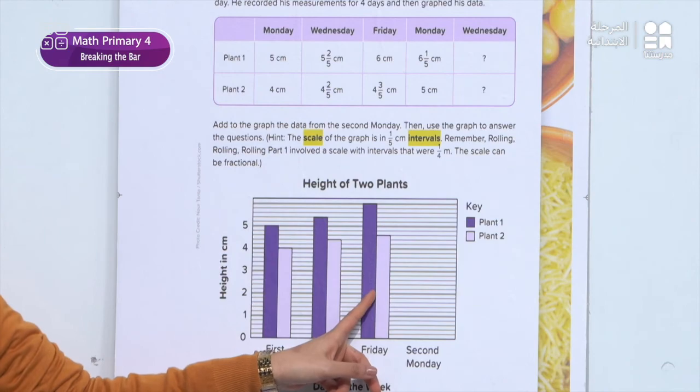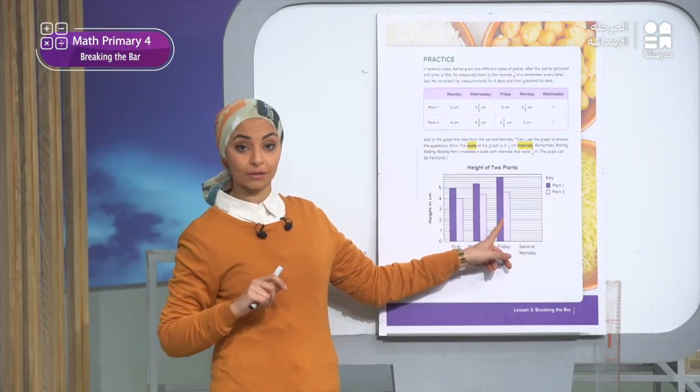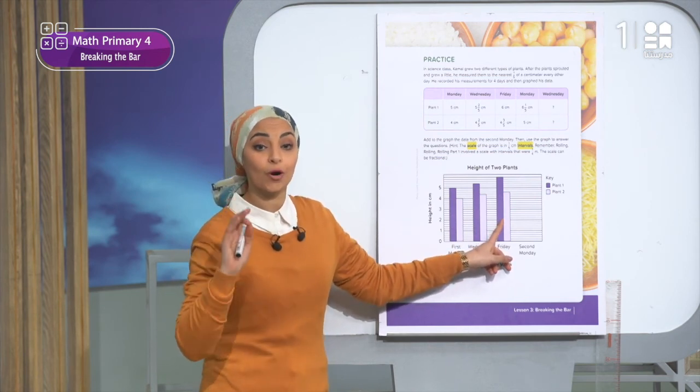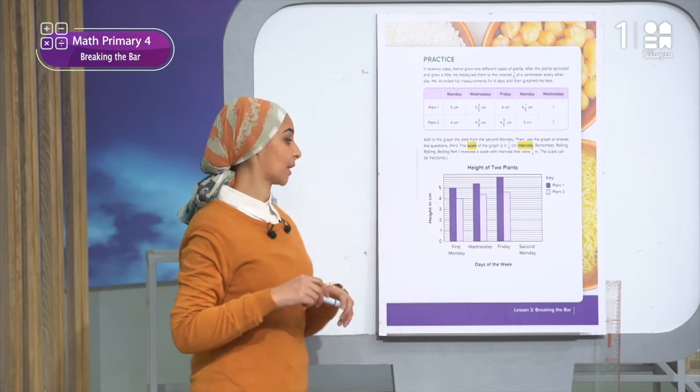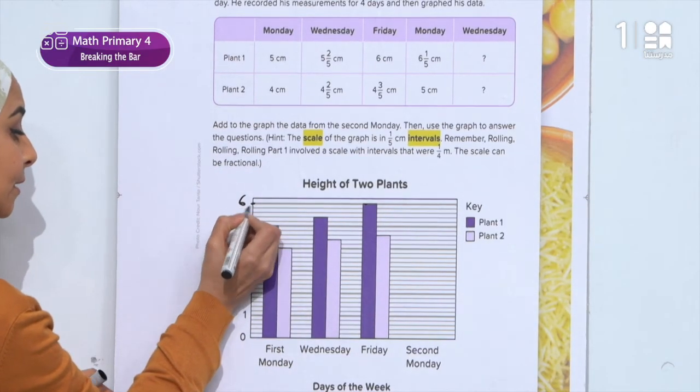The bar shows 6, but 6 is not written in the scale measurement. So let's write it down on the measurement scale at the point that shows the end of the bar. So we go to the end of the bar and write the number 6 here.